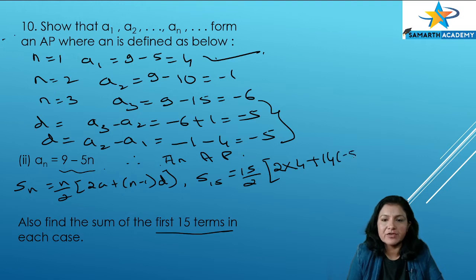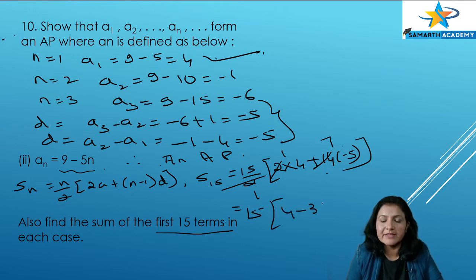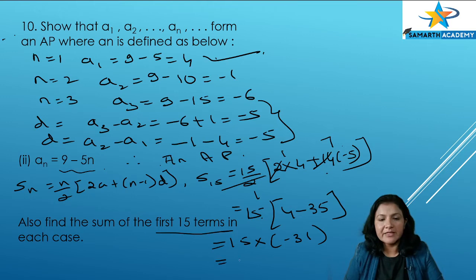D is minus 5. So let me cancel this 2 here. 2 ones are, this gets cancelled, and here this is 7. So 15 into 4 minus 35, so 15 into minus 31. Minus 465 is the answer.